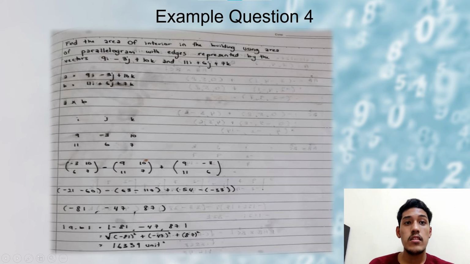When we get the answer, the next step is to square root them: negative 81 squared plus negative 47 squared plus 87 squared, and we get 60,339 unit squared. Thank you.